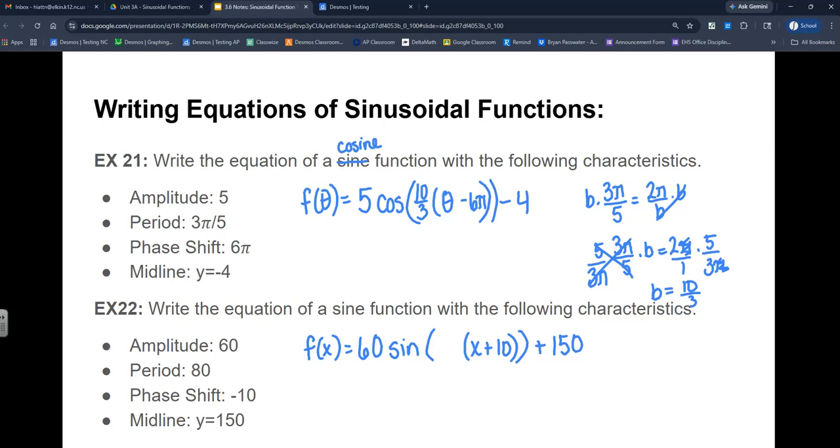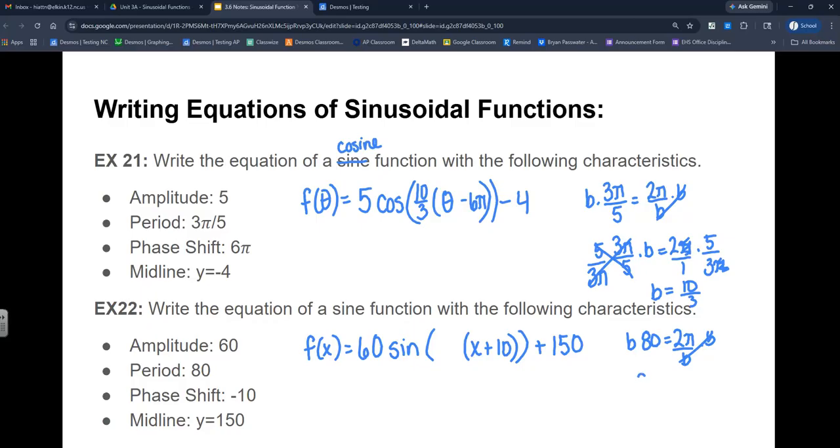And then for the b value, I know to find the period, I would do 2 pi over b. So if I do 80 equals 2 pi over b, I can solve this by multiplying both sides by b.